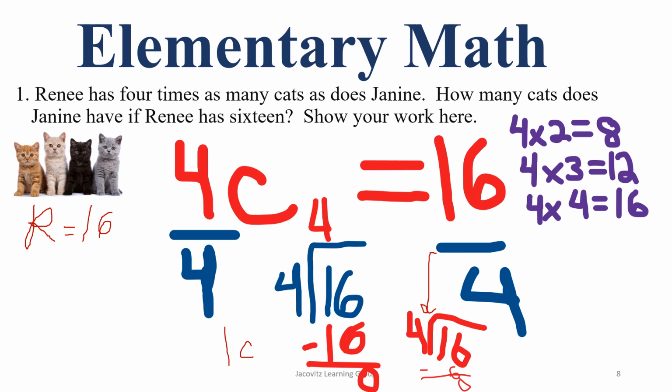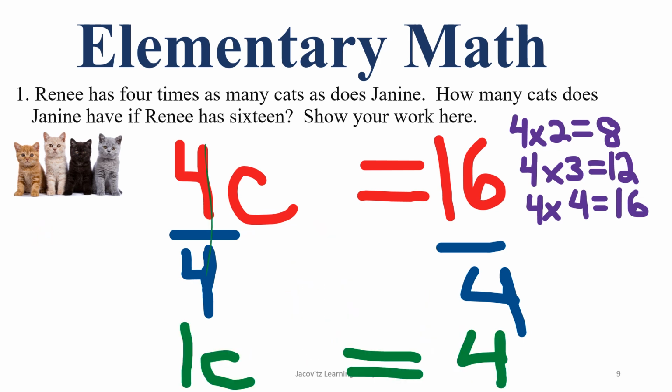So when you get ready to divide, you are actually taking 4 into 16, like a normal division problem. So it's 4 into 16. What's the answer?